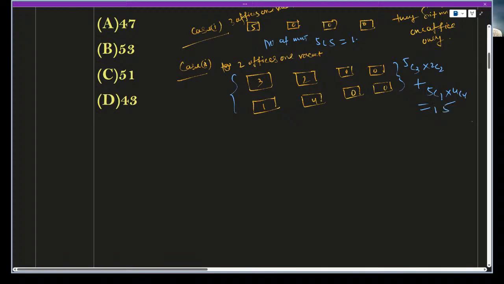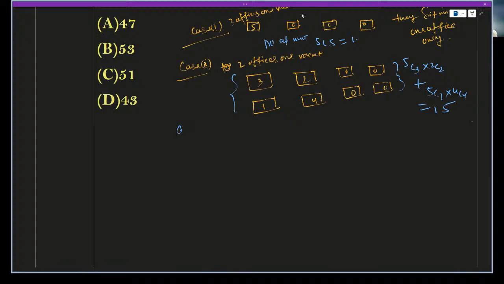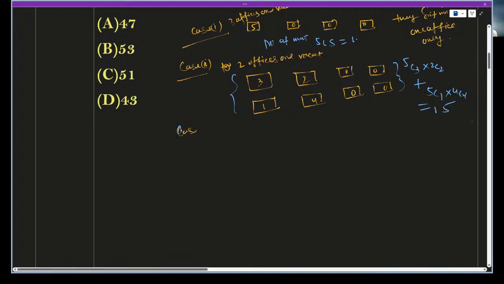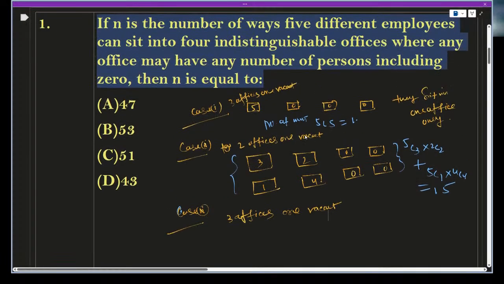15. And case 3. Just go for case 3. Case 3 means 3 offices are vacant. Just consider the case. No, not 3 offices vacant. Two offices are vacant, when one office is vacant, sorry, that we have considered.